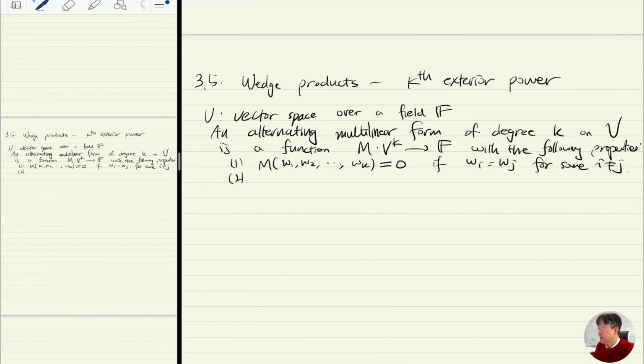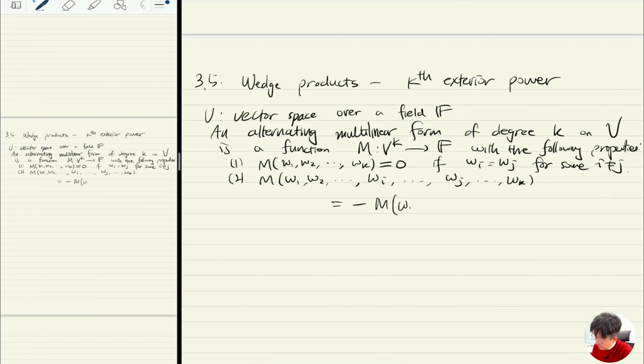And the next property is when you swap two locations.